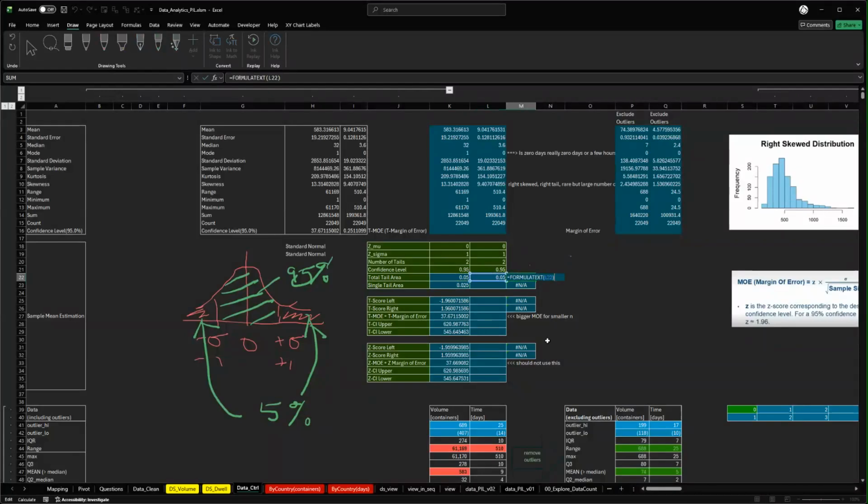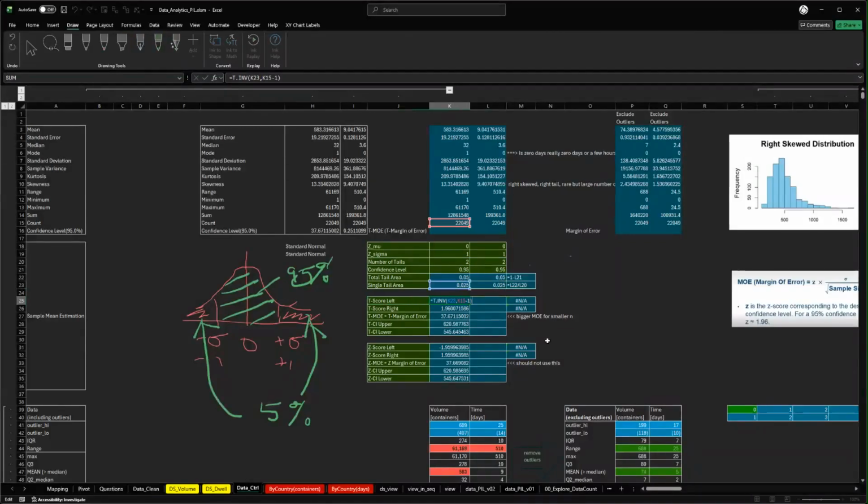So the formula shows up here. And then the single tail area would just be that total tail area divided by 2, the number of tails. I'm doing this because sometimes we have single-tailed analysis, but this is two-tailed.